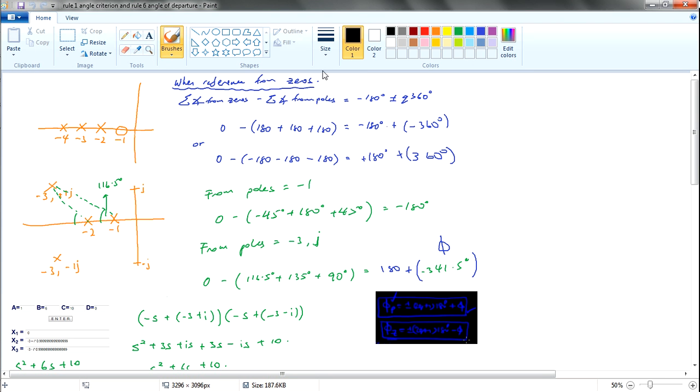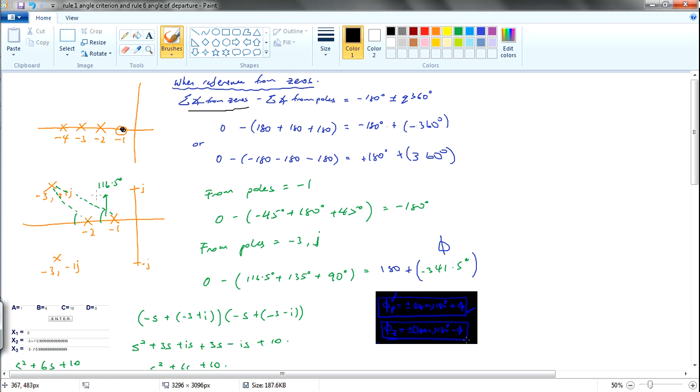Typically, this rule 1 is only applicable for the imaginary axis, the imaginary poles. For everything that happens on the real axis, this is not much applicable. Let's say you pick a point, let's say I pick this point.